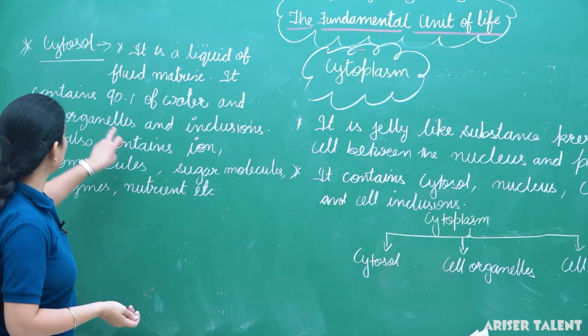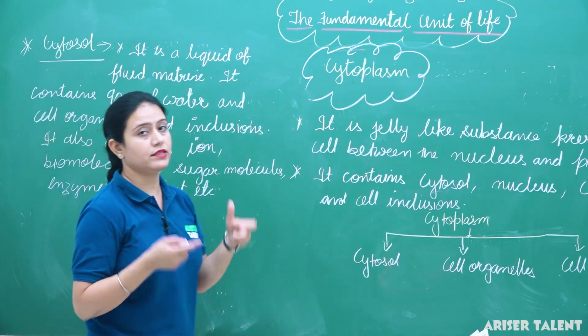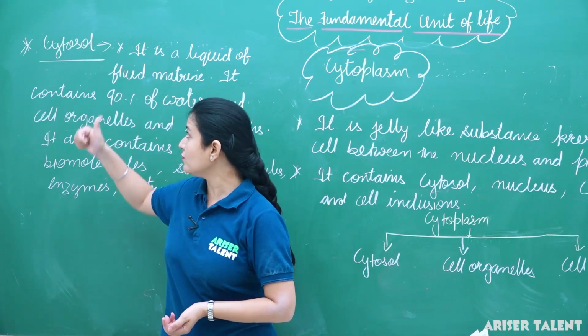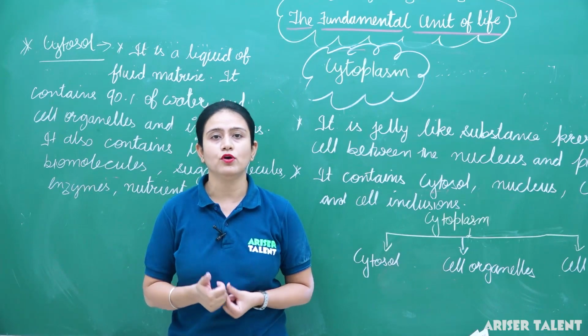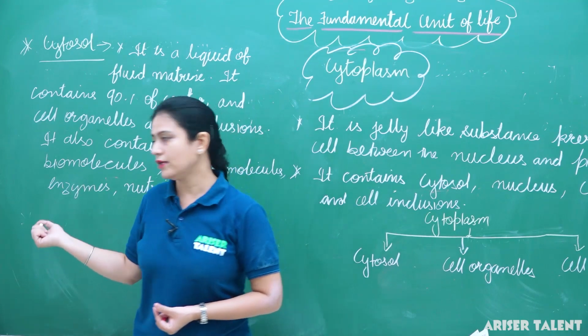Generally, as I told you, all the cell organelles are present in the cytosol. So these cell organelles perform different functions. So the function of cytosol is that it is the seat of metabolic activities because all the cell organelles are present in the cytosol only.